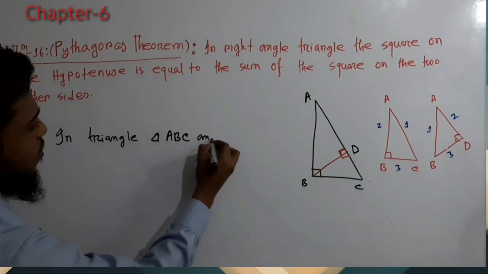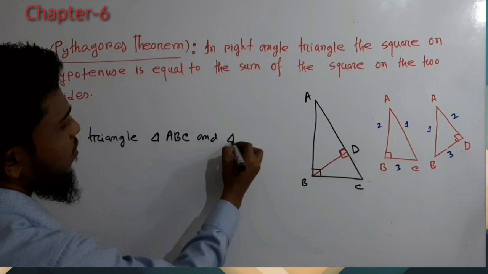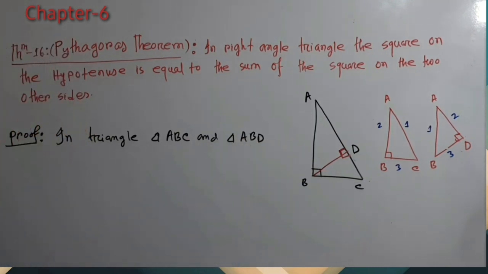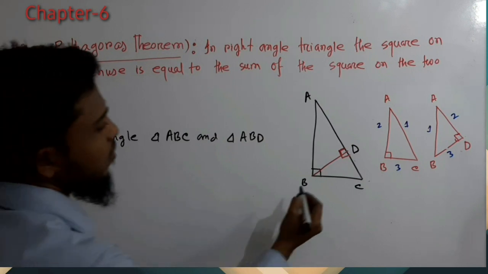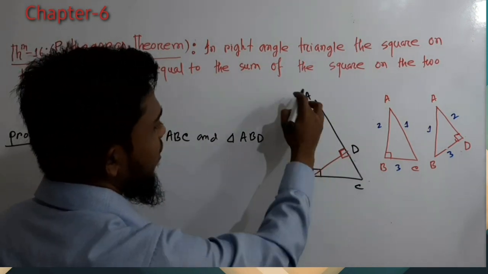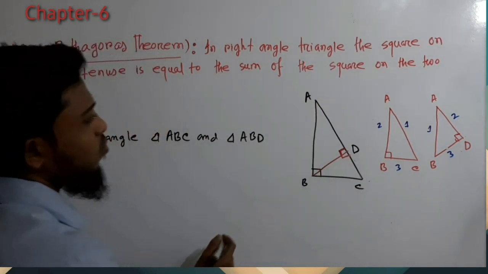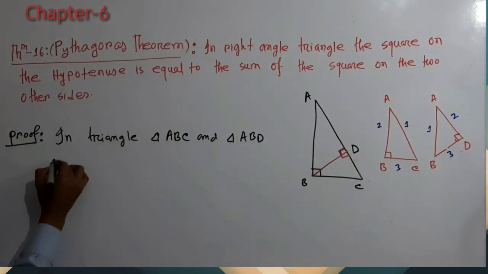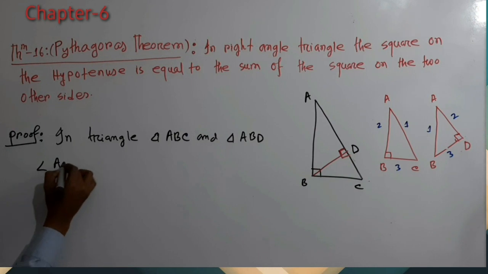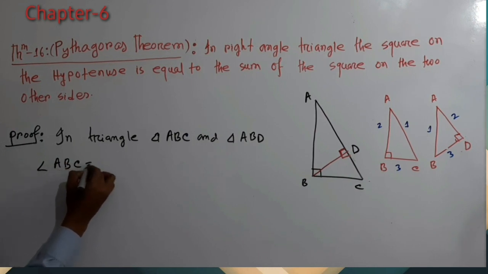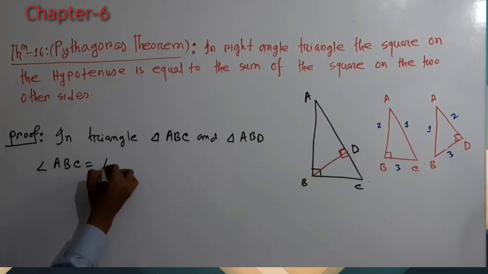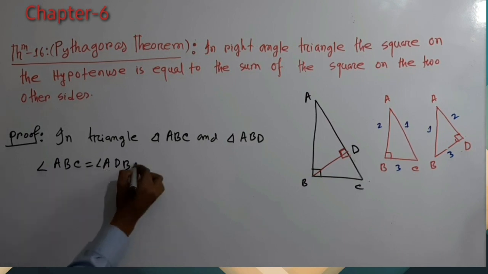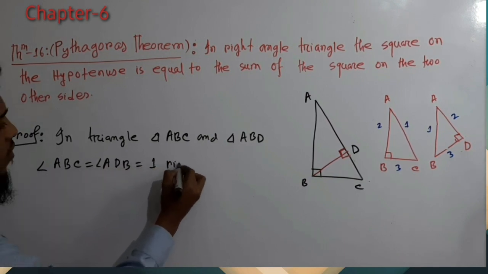Dear student, in triangle ABC and triangle ABD, angle ABC is equal to angle ADB, which is equal to one right angle.